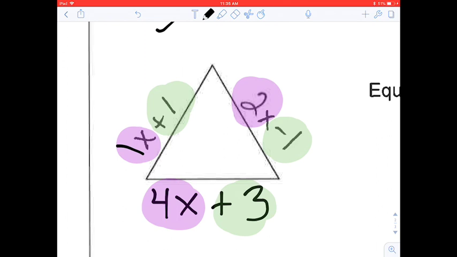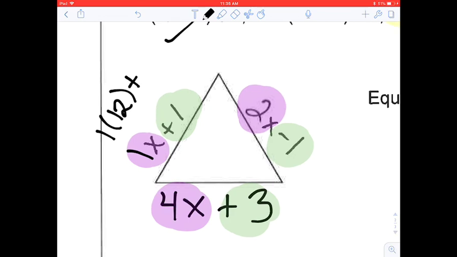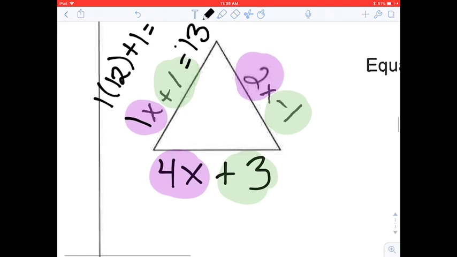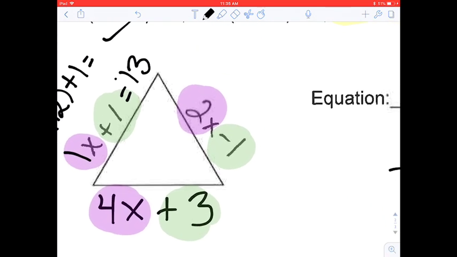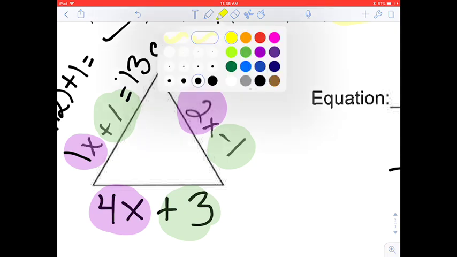So here, I have 1x plus 1. We're going to replace that with 1 times 12 plus 1. 1 times 12 is 12, plus 1 more is 13 centimeters. Let's highlight our answer in blue.